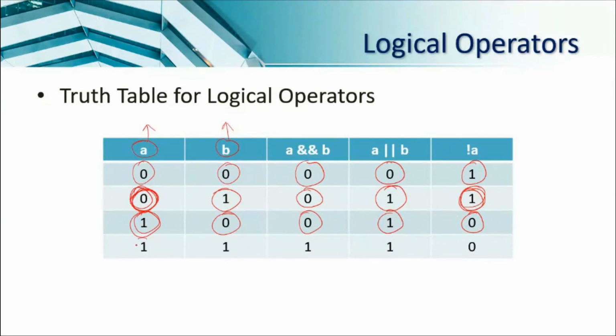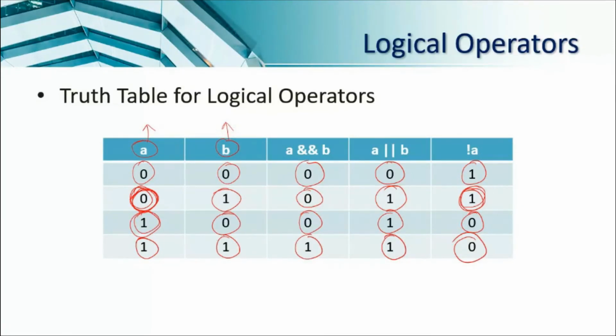Now A is 1 and B is also 1. Both are 1, so A AND B is 1. A OR B is 1 because either of the two being 1 is enough, and here both are 1. But not A is 0, because A is 1 and not A is the negation of 1.